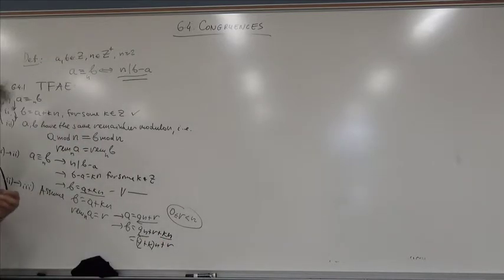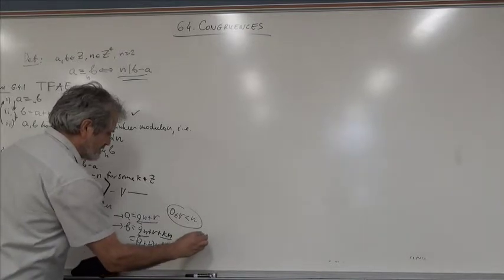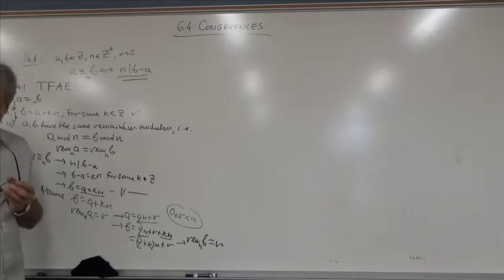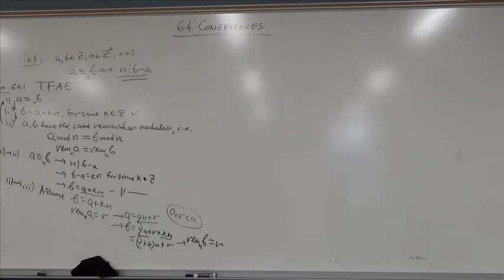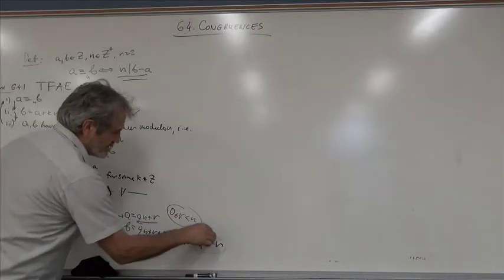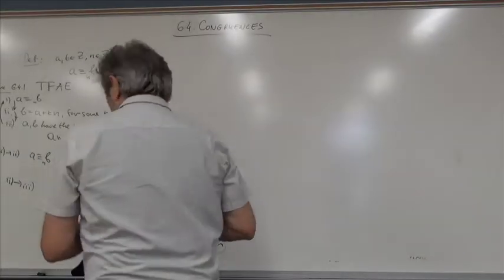So it implies by definition that the remainder of b modulo n is r. So I see we started from remainder of a to be r, we got remainder of b to be r, so they are equal. And then how do we prove that 3 implies 1?